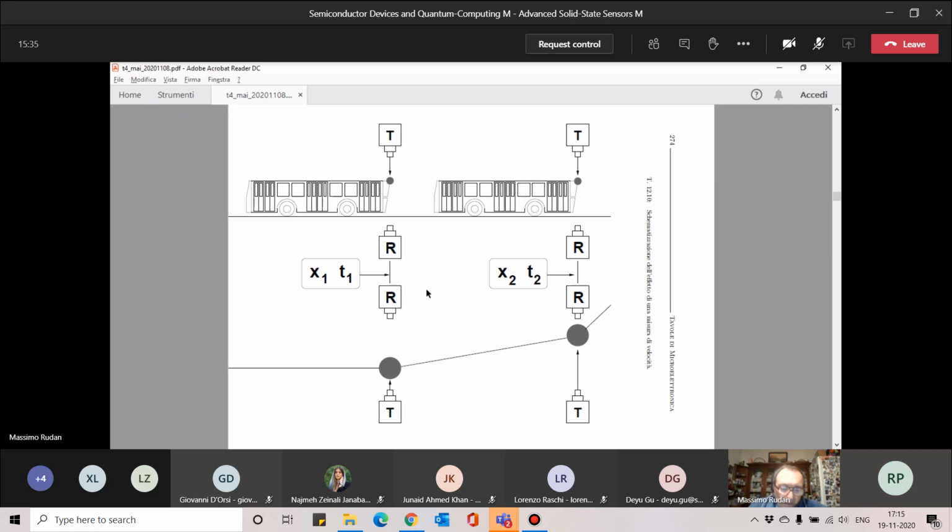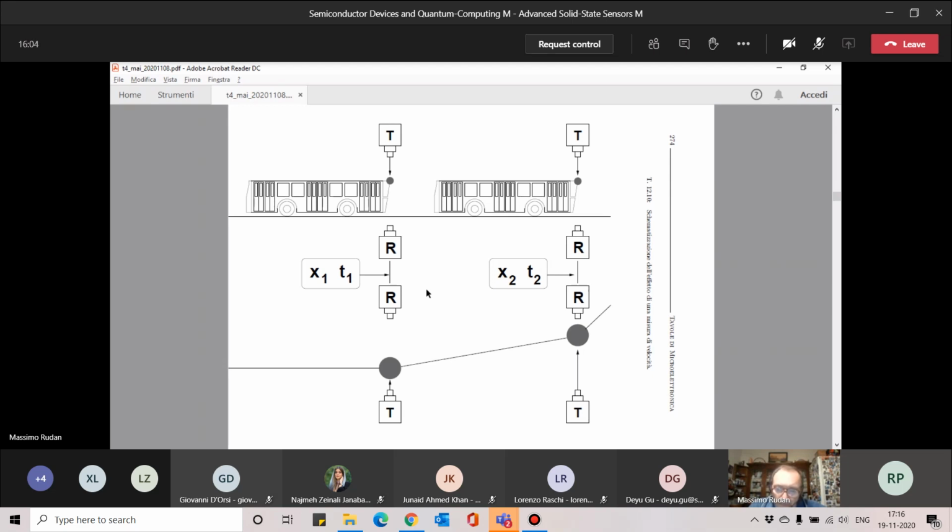So there is a tennis ball arriving from the left, and at position x1 there is a transmitter that launches every second a tennis ball equal to the tennis ball that is being measured, okay? So the second tennis ball is not visible in the figure, but assume it is just the same as the one that we want to measure.